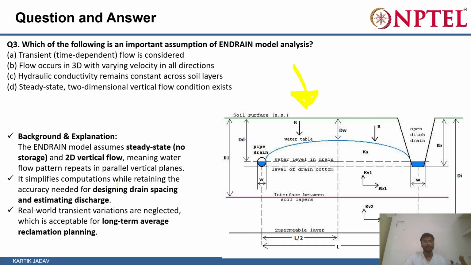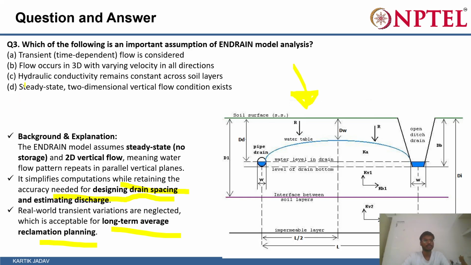It simplifies the computation while retaining the accuracy needed for designing the rate, spacing, and estimating discharge. In the real world, transient variations are neglected, which is acceptable for long-term average conditions.